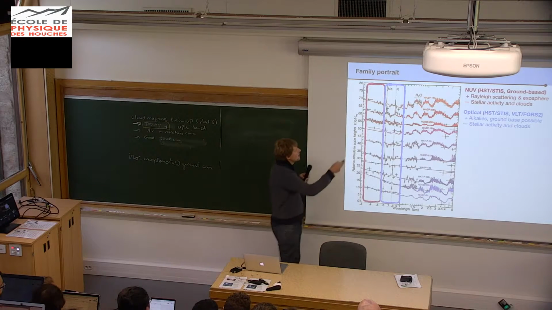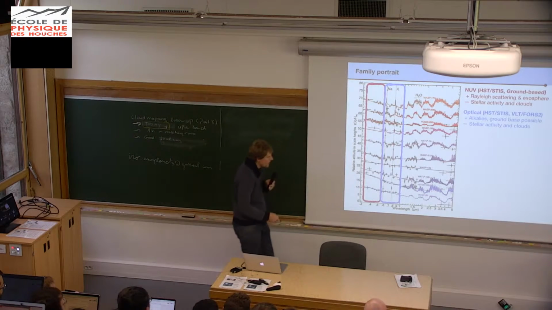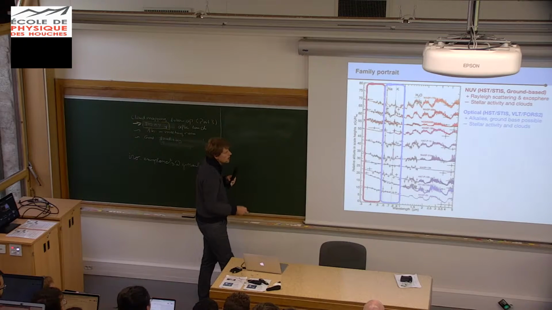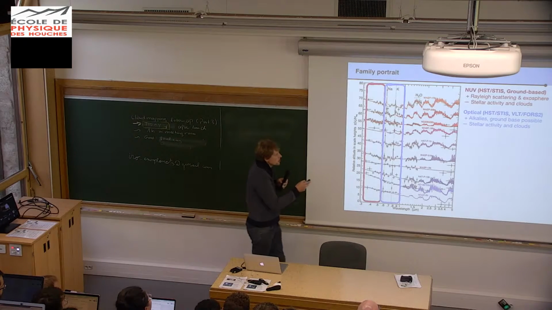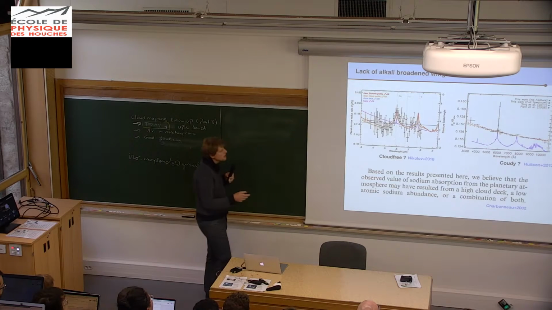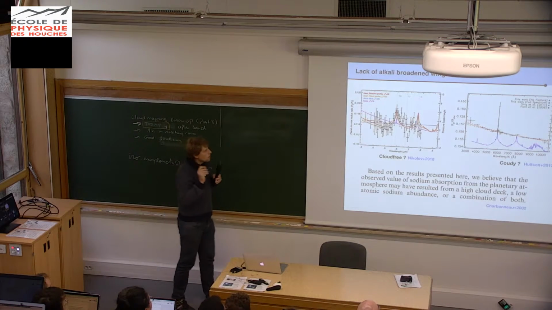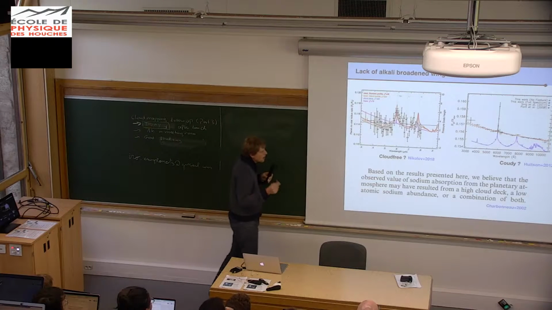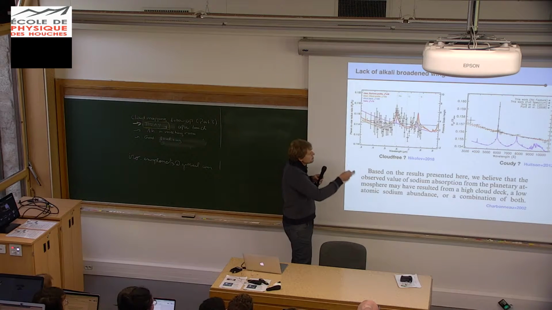Okay, let's go a bit to longer wavelengths. In the optical, we have the sodium lines and the potassium lines. That's pretty nice because what the theory predicts is that if you have a cloudless atmosphere, you see those big wings of the sodium.